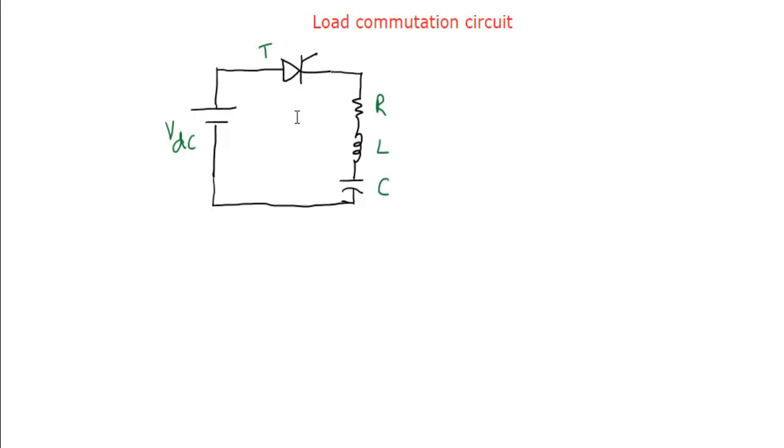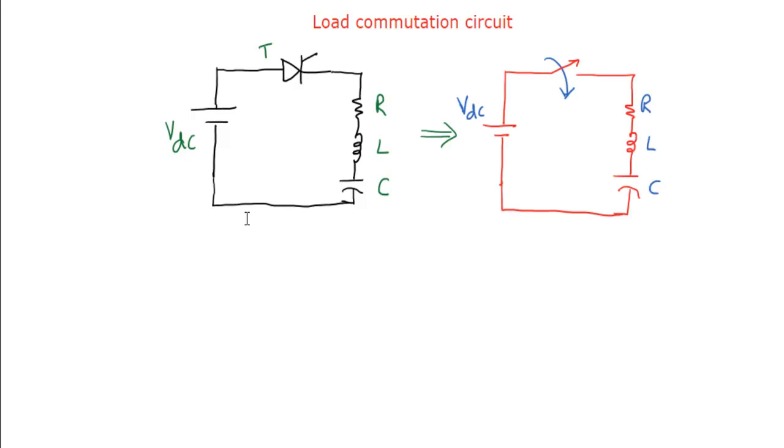That's why it is called self commutation, or load commutation. Once you turn on this thyristor by giving the gate voltage, since it is forward biased by the source voltage, it keeps supplying power to the load. But how exactly will this thyristor be turned off? That is what we are going to discuss. With the help of the load current itself, this thyristor will be turned off.